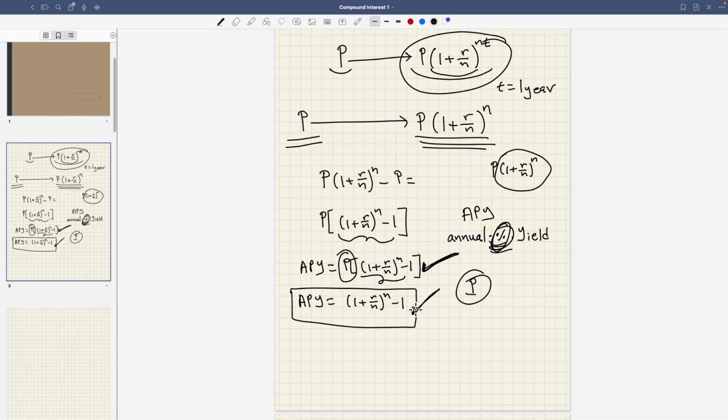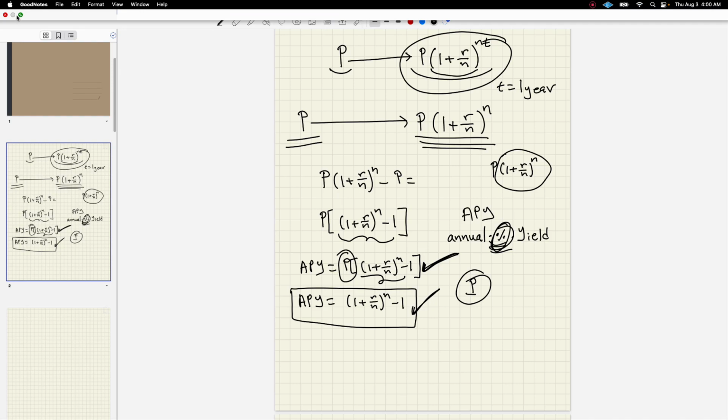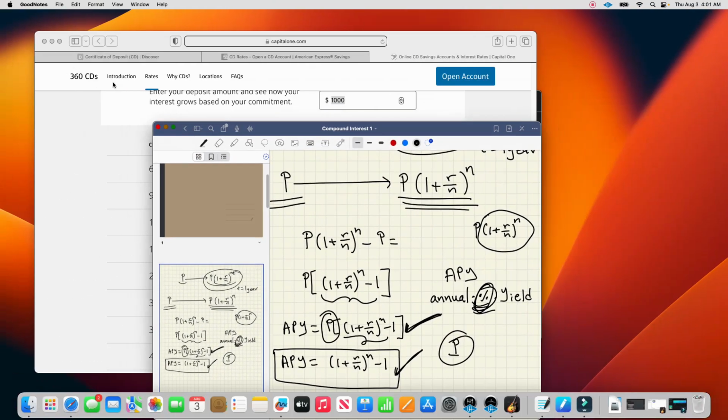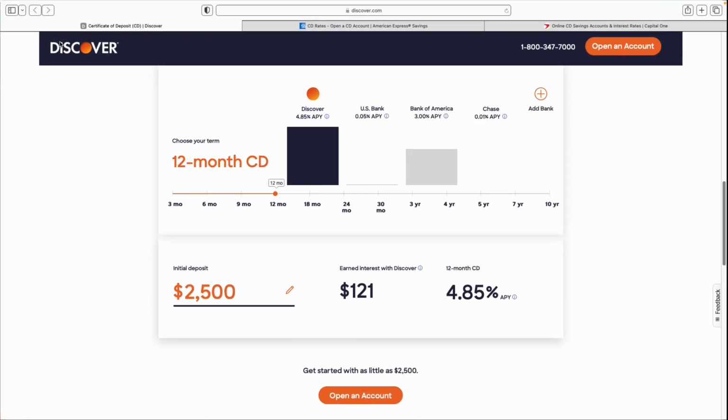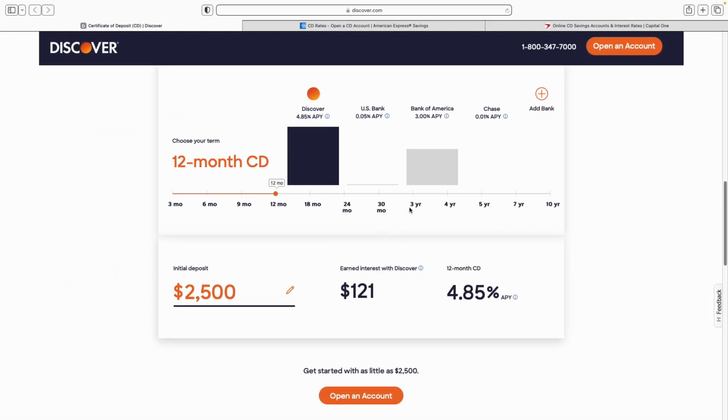So anyways, like I said, if we go back to the CDs again, let's assume this one for Discover. You want to invest for 10 years. So obviously here, let's say $10,000. There's a calculator here, right?